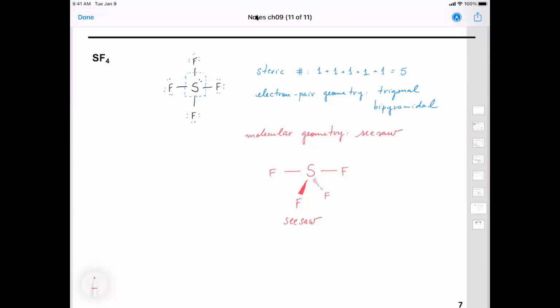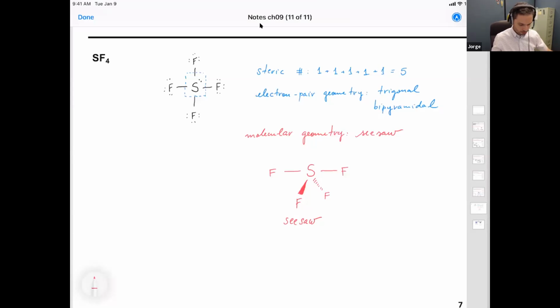Hey, Professor. Yes. Why wouldn't you just use the term trigonal bipyramid instead of seesaw? Where did the word seesaw come from? Okay. So let's see here. When you have the trigonal bipyramidal geometry, that means you have 5 electron groups around the central atom, and that's the electron pair geometry.